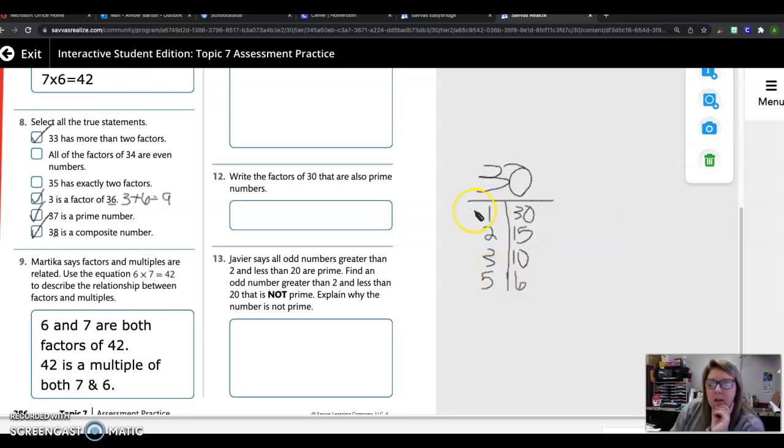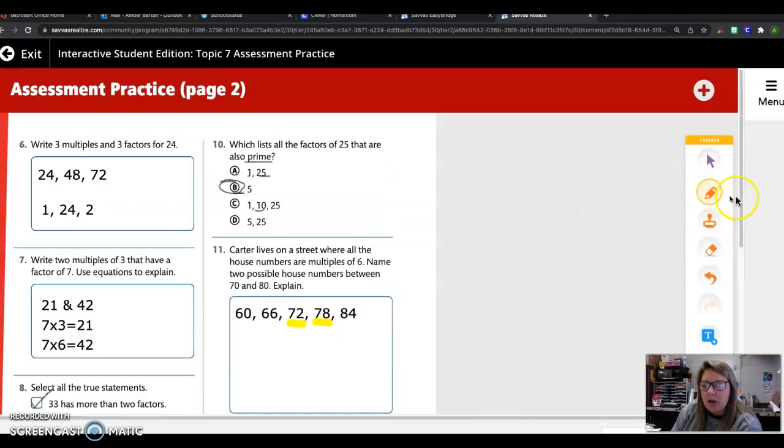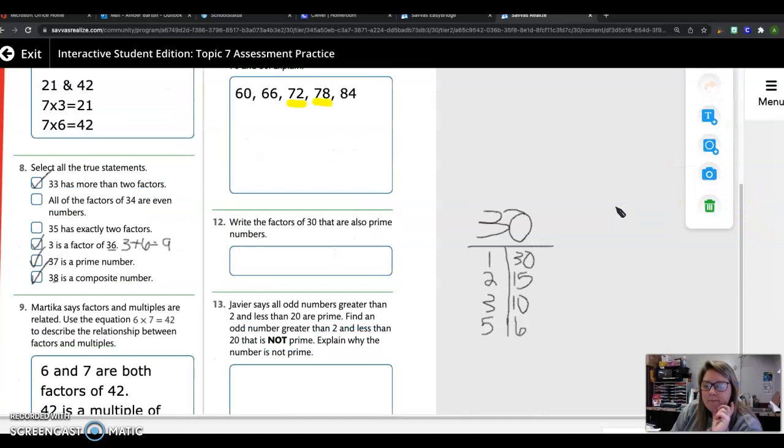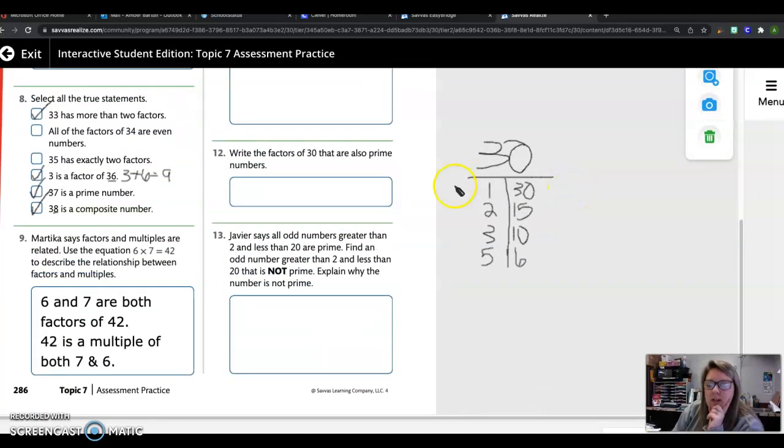Now, let's decide which of these factors is also a prime number. So I'm going to change the color. All right, so I know that 1 is a prime number because the only factors are 1 and itself.